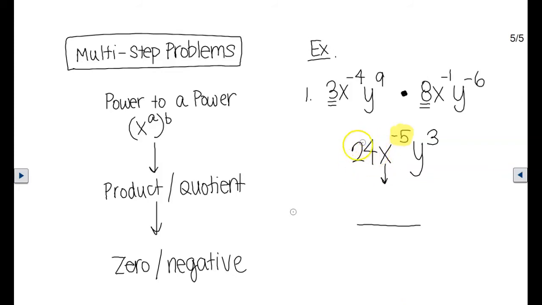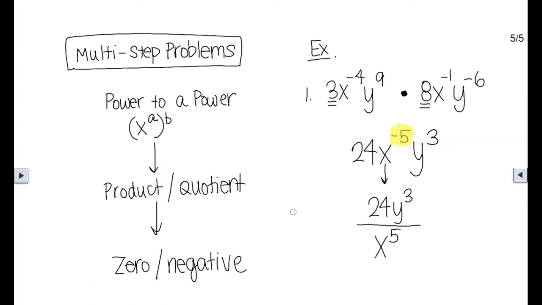Now the 24 and the y to the 3rd are both going to be on top of that fraction. And the reason they're going to be on the top is because neither of those are being raised to a negative power. Only things that have a negative power will drop into the bottom of your final answer. So this x to the negative 5 power is going to drop into the bottom, and when it drops, it loses that negative.